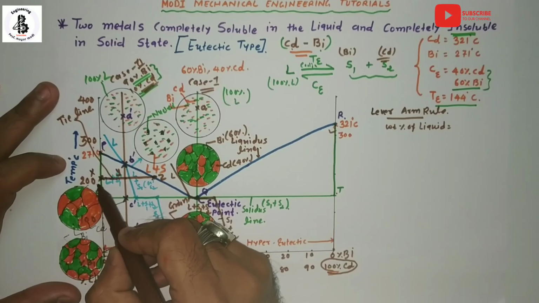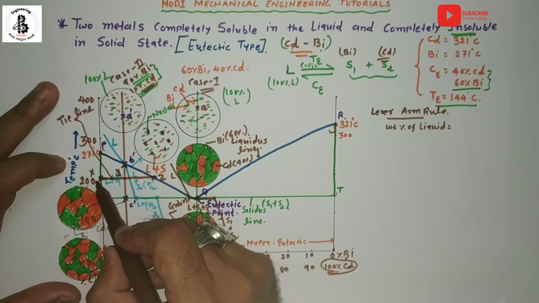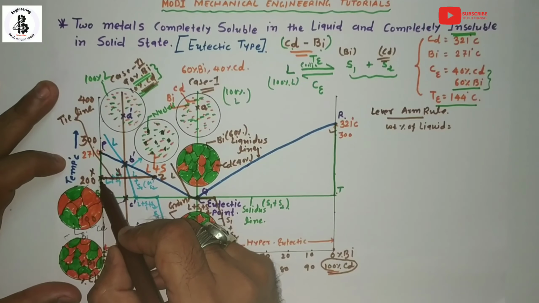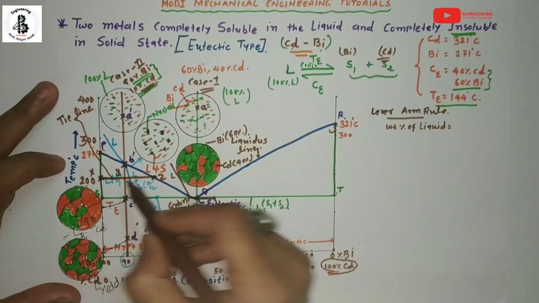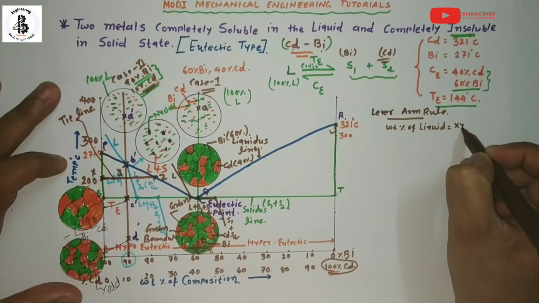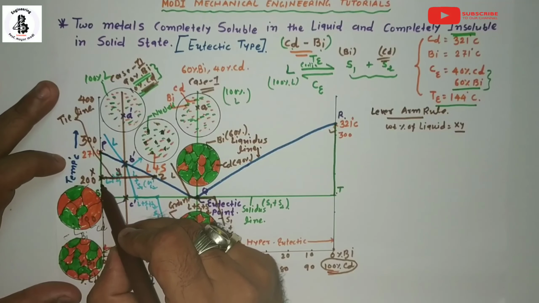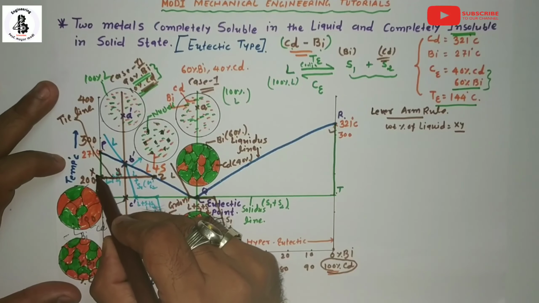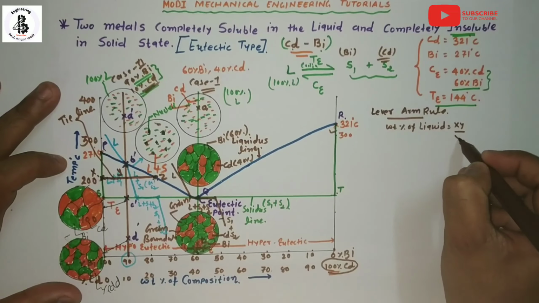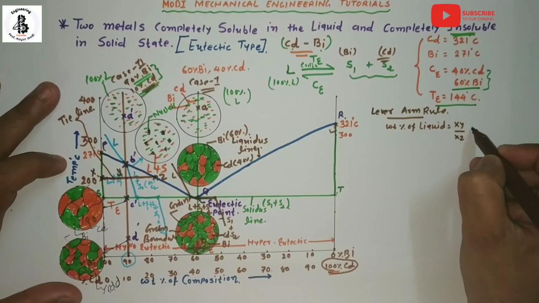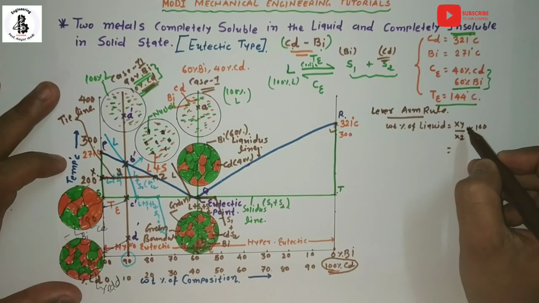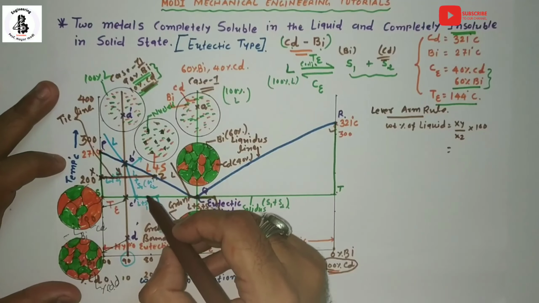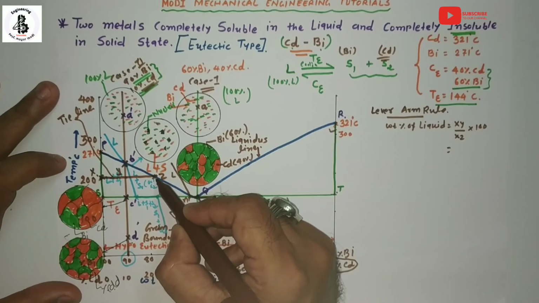Here in this diagram, point x is the intersecting point with the solidus line. Take the distance from point x to the composition line, xy, divided by the total length of the tie line, xz, into 100%.